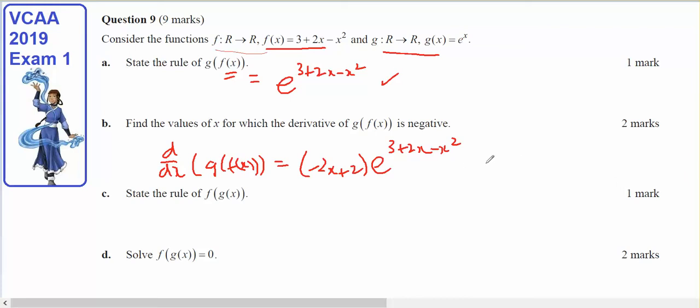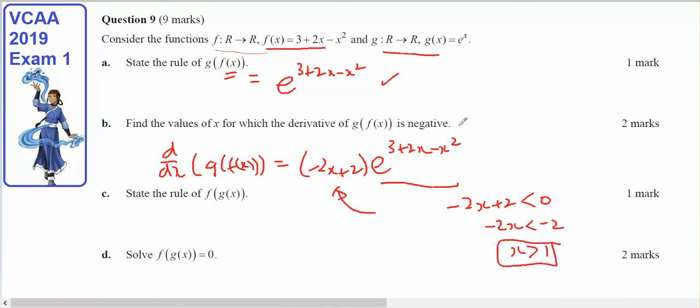So where is that going to be less than 0? It's only going to be less than 0 when the exponential part, which will never be 0 and is always positive, is multiplied by something negative. So minus 2x plus 2 being less than 0, so minus 2x being less than negative 2, x being bigger than 1. If x is bigger than 1, then that's going to be negative.